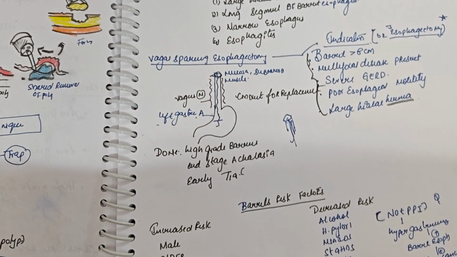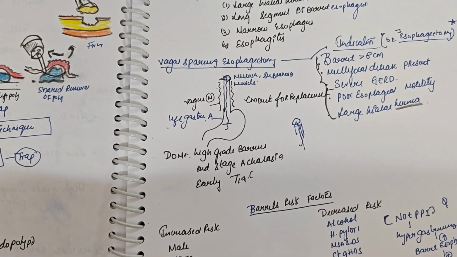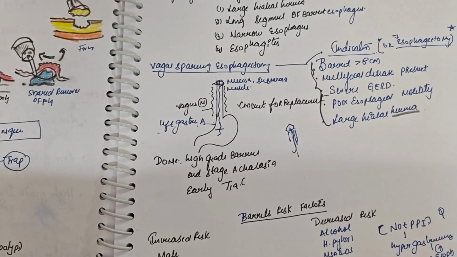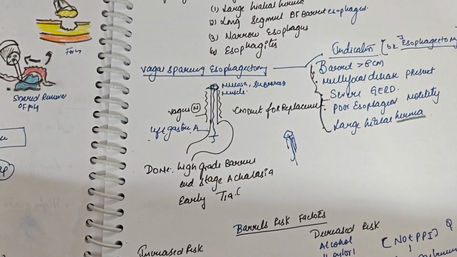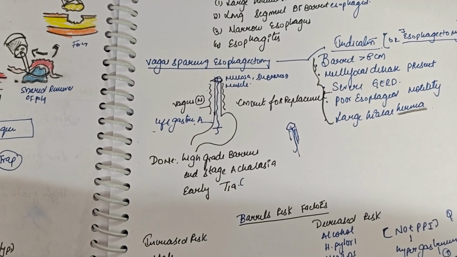Now, what are the indications for vagal sparing esophagectomy? When the Barrett's is more than 8 centimeters, we use it. If multifocal disease, we use it.